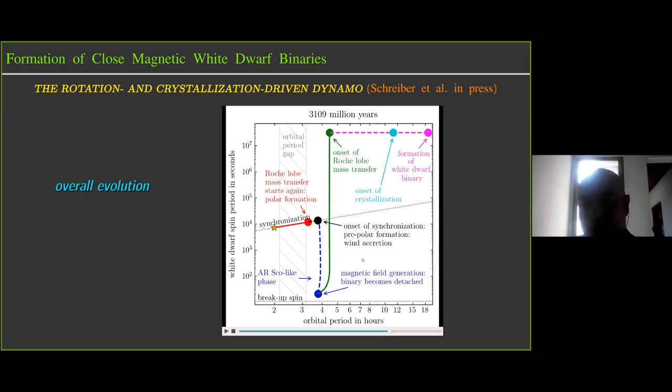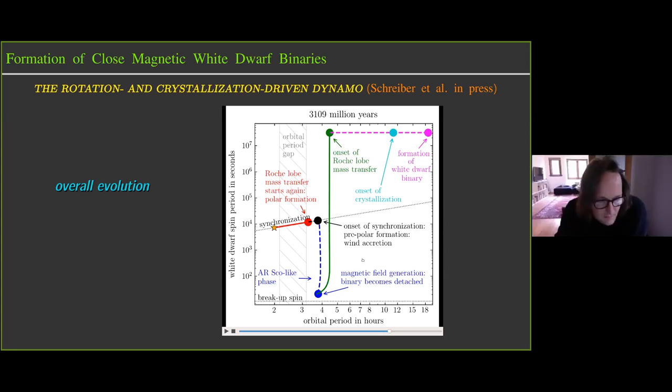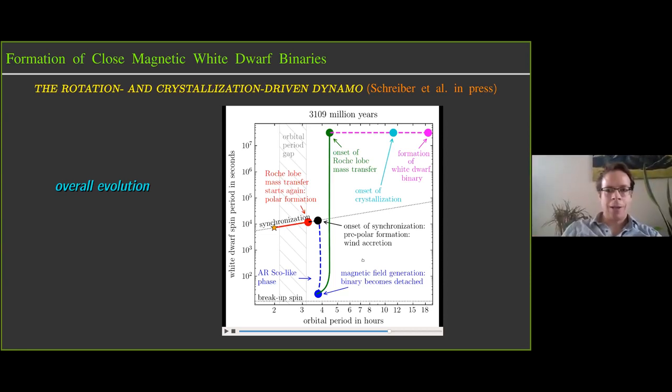Let's say that the field, once it's generated, will stay for gigayears. So it doesn't decay quickly. Once you generate a strong field, it will be maintained. That's shown in the Ginzburg paper, 2017. Even if there's still an ongoing dynamo?